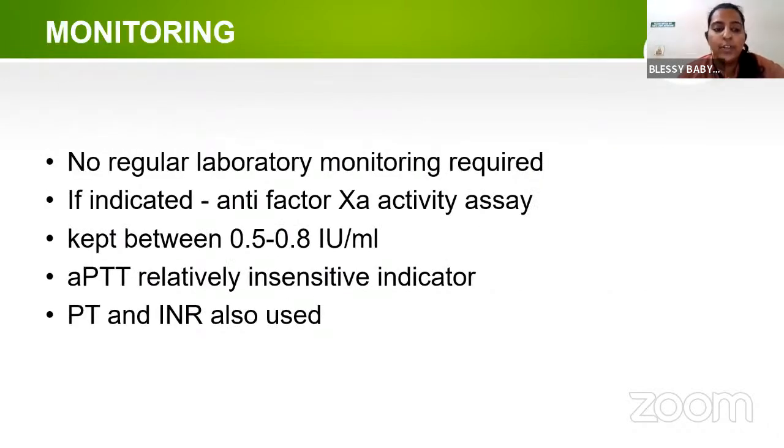Now about the monitoring, no regular laboratory monitoring is required. If monitoring is indicated, anti-factor 10A activity assay is done, and the range of the anti-factor 10A must be kept between 0.5 to 0.8 international units per ml. APTT is a relatively insensitive indicator. PT/INR is also used.